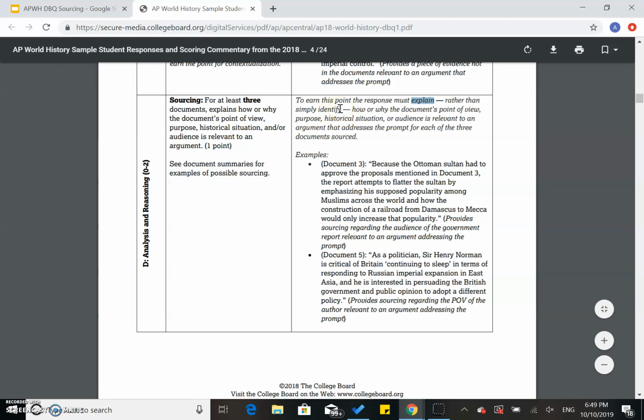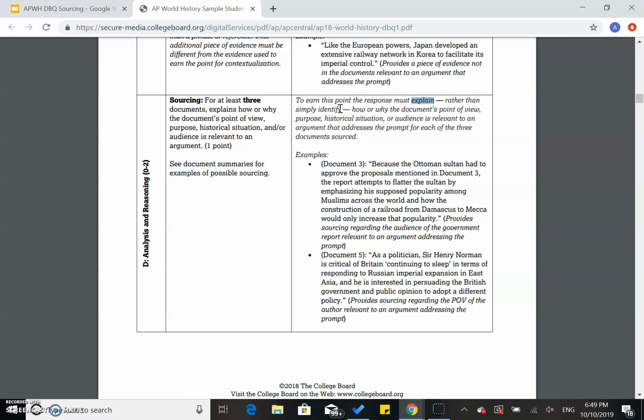Okay, so don't just say, okay, so the author is this person and this is their background. Be like, okay, the author, for example right here, as a politician, Sir Henry Norman is critical of Britain's continuing to sleep in terms of responding to Russian imperial expansion in East Asia, blah blah blah.